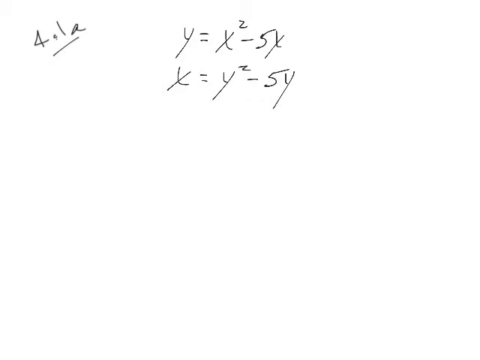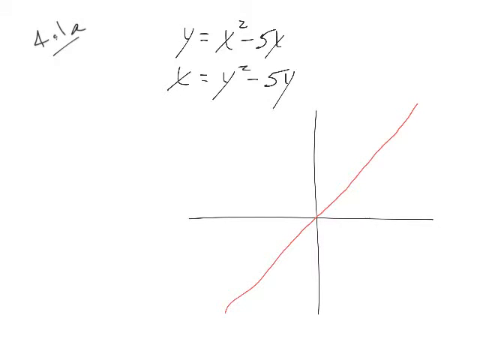The graphs of a relation and its inverse are always reflections of each other across the line y equals x. And y equals x is always a 45-degree angle going through the origin, just like that. So this and this are inverses, which means the inverse is going to be reflected across the y equals x line. For example, in the middle of page 349, it gives us the graph of y equals x squared minus 5x.